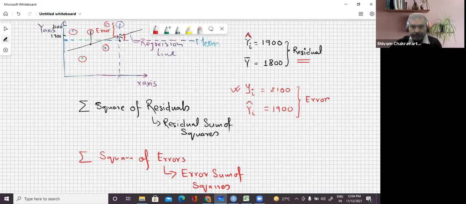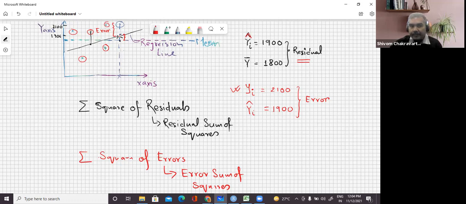Now we are taking two distances. One is between the predicted value, the point on our regression line, and the mean. We are calling it residual, and we are saying this is the explained variation. Our regression line is able to explain this much variation.